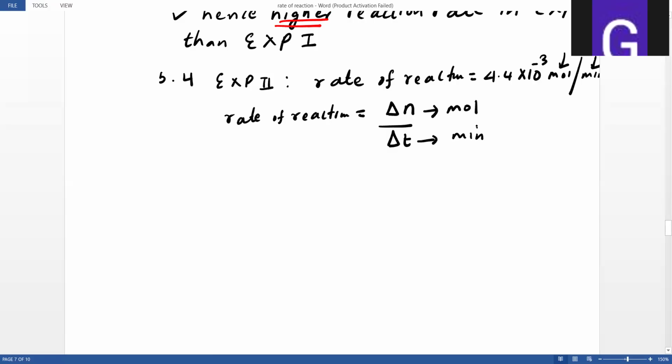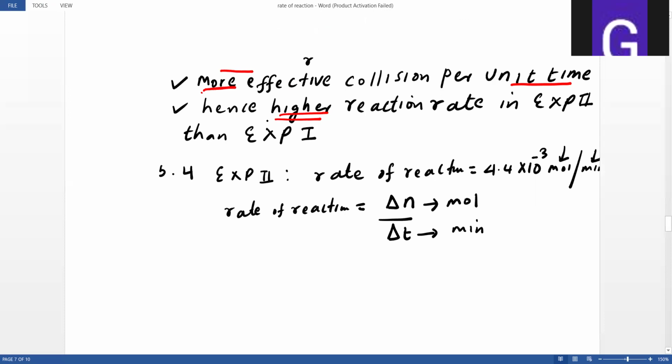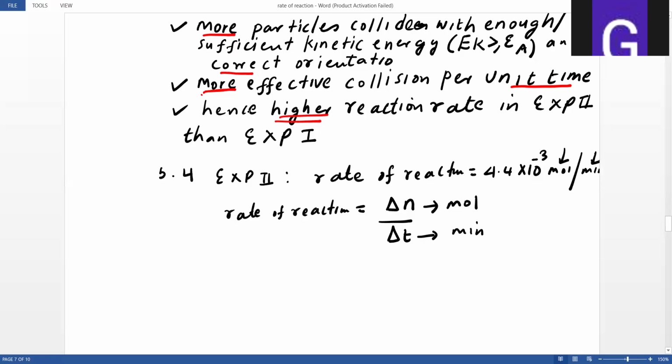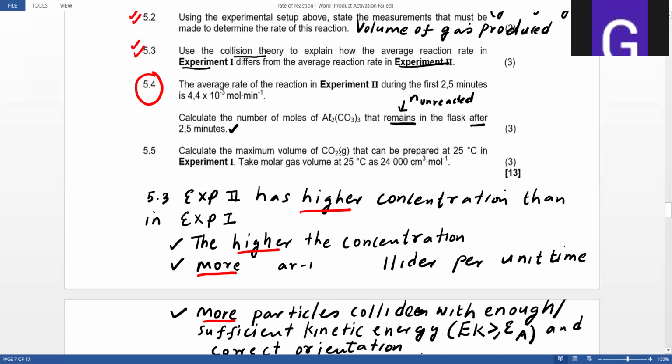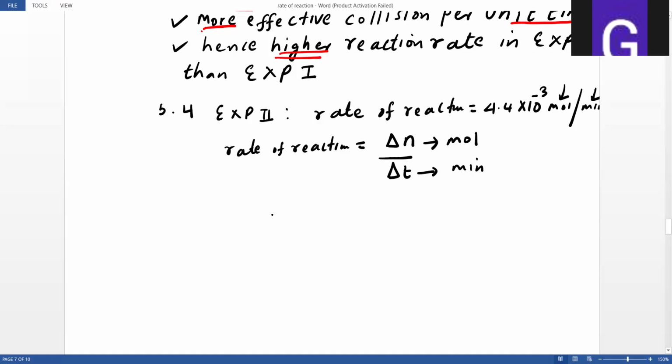What is the number of moles here? I'm saying the rate of reaction is 4.44. Let me confirm for the last time: 4.44 times 10 to the power minus 3. So we have 4.44 times 10 to the power minus 3 equals the change in the number of moles over the change in time.